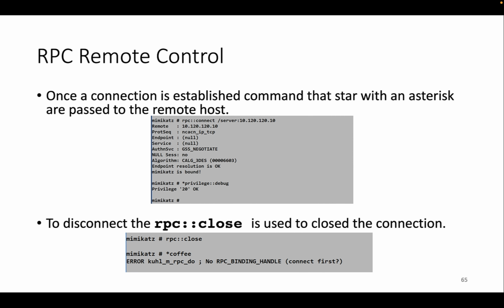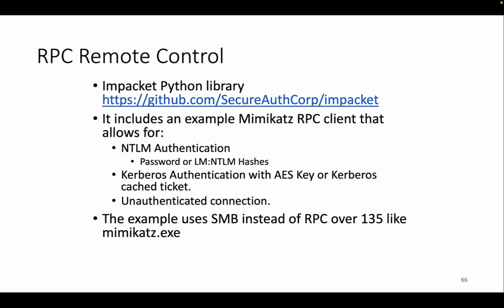Now, when we look at Impacket, one of the reasons that I really like this library, this tool, and method of connection is, one, I can run it under Linux. Two, it has a plethora of different authentication methods that I can use. In the example that you saw, I was connecting with no authentication at all.